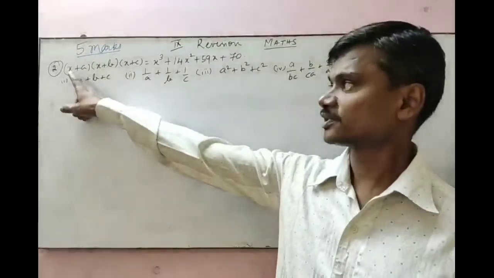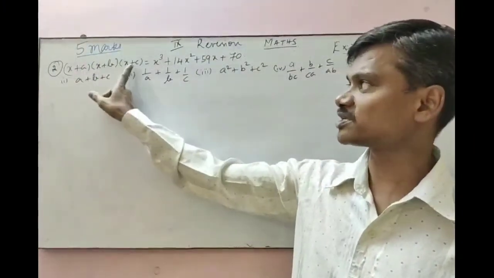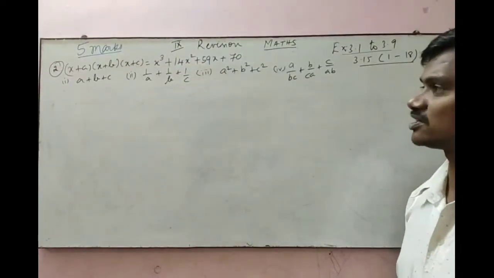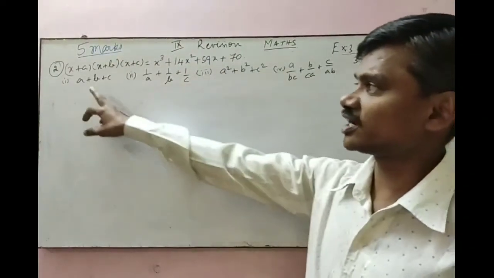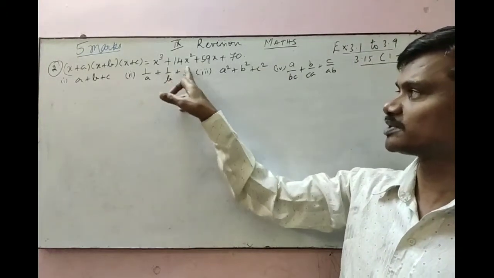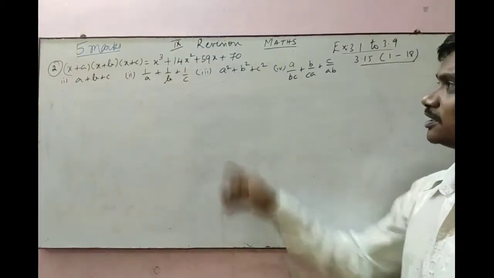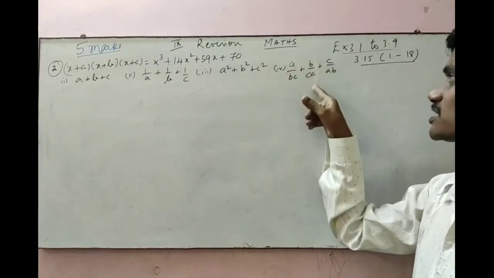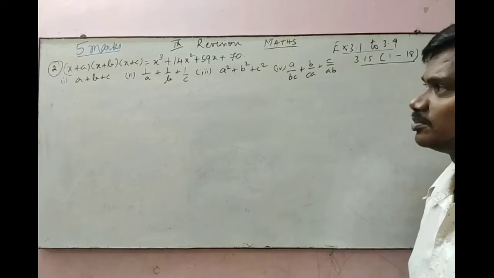Next, the second sum: x plus a into x plus b into x plus c equals x cube plus 14x square plus 59x plus 70. We have to find the value of a plus b plus c; second, 1 by a plus 1 by b plus 1 by c; third, a square plus b square plus c square; fourth, a by bc plus b by ca plus c by ab.